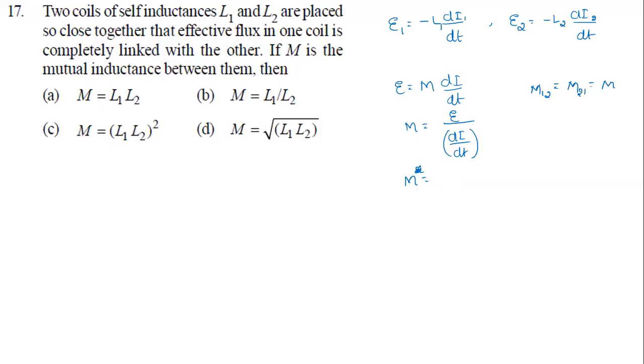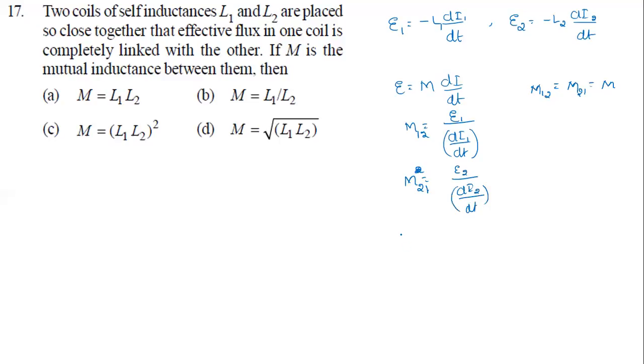So if I take the mutual inductance of the first coil with respect to the second coil, it will become E1 over di1 by dt. The mutual inductance of the second coil with respect to the first coil becomes E2 over di2 by dt.